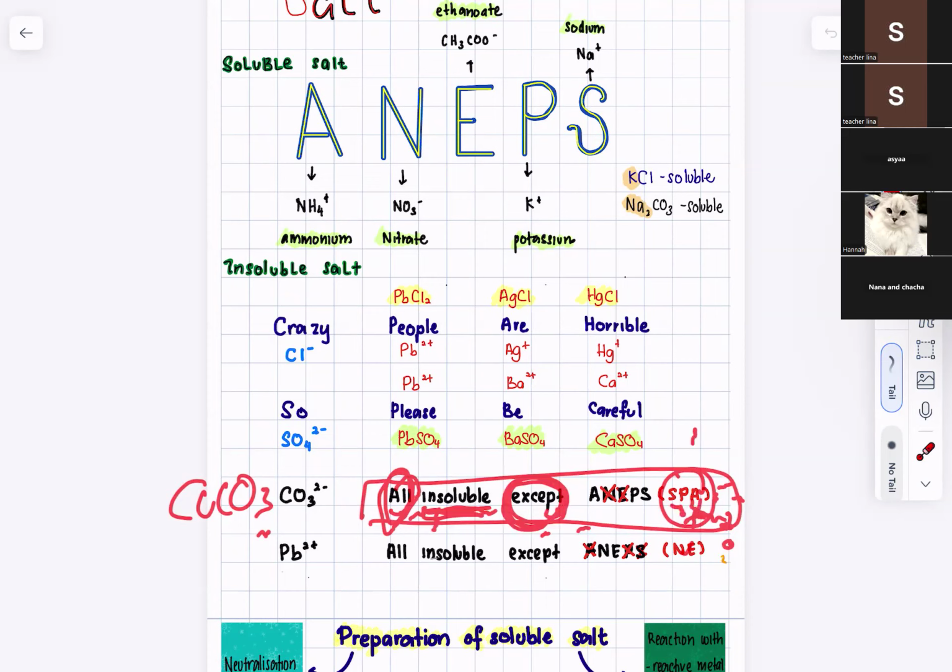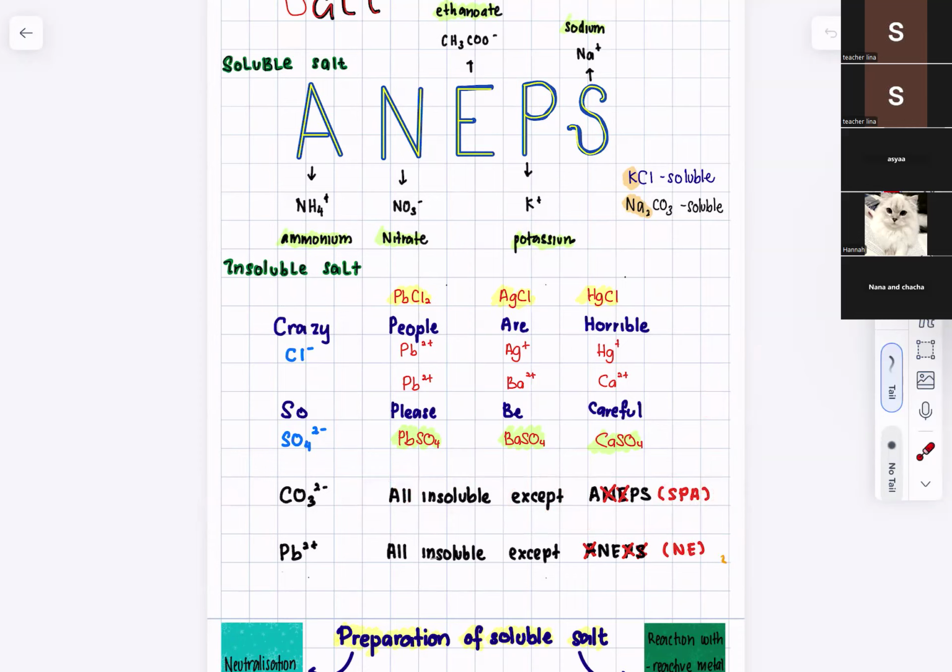So is copper ammonium, sodium, or potassium? No. Is there a copper in there? No. If no, soluble or insoluble? Insoluble. Yes, insoluble.